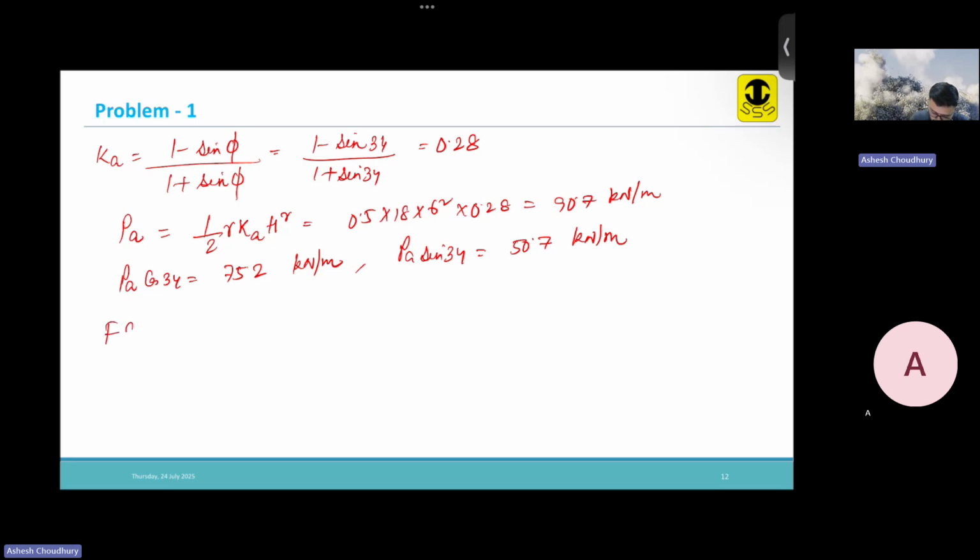Now, factor of safety against overturning. Let's calculate it first. You have to take all the overturning moments and the resisting moments. So it will be W1 x1 plus W2 x2 plus W3 x3 plus PA sin delta into 4.